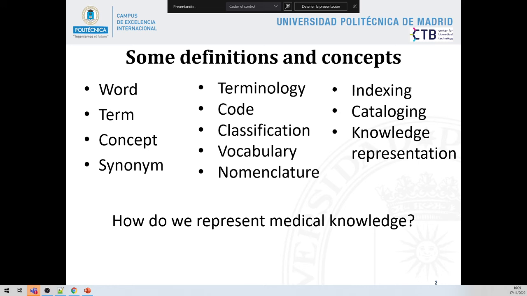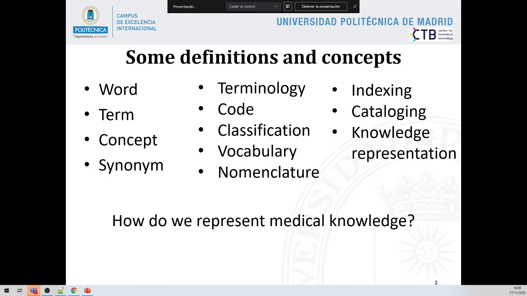In general, most terminologies incorporate a coding system, so computers can process them easily, and we have a unique way to describe a term or a concept.